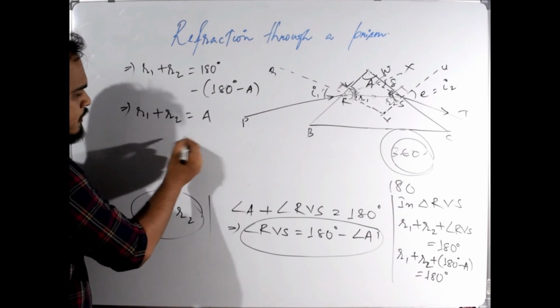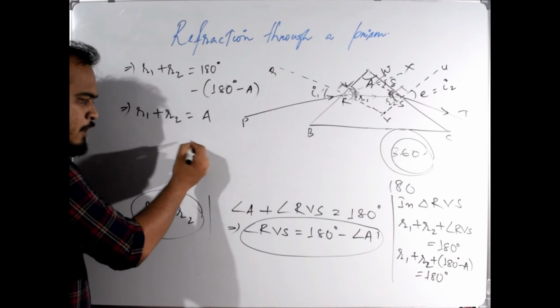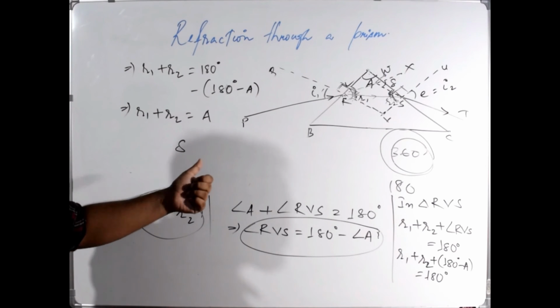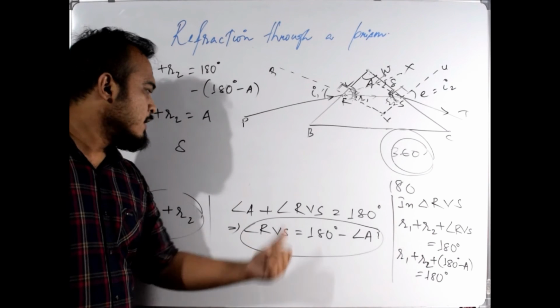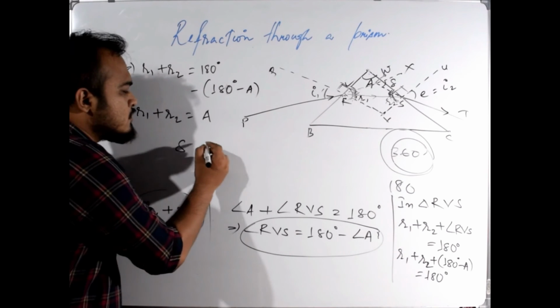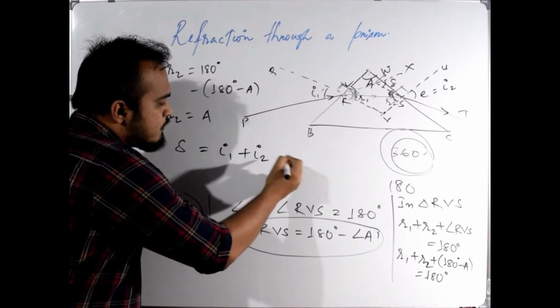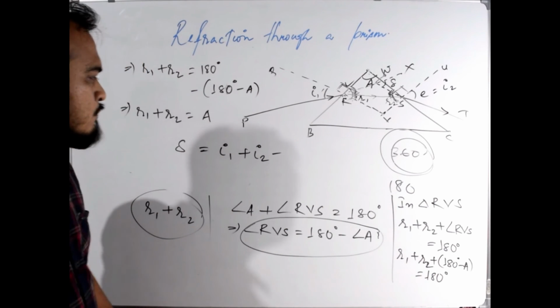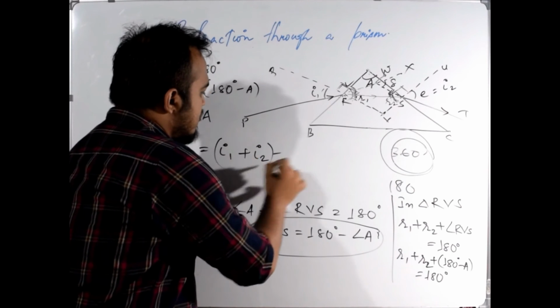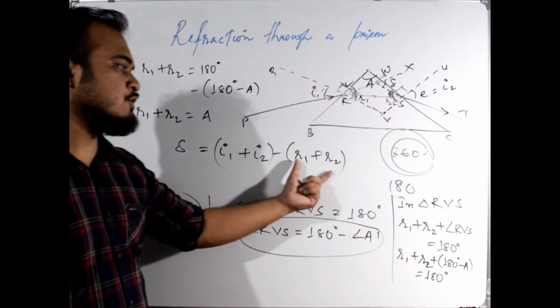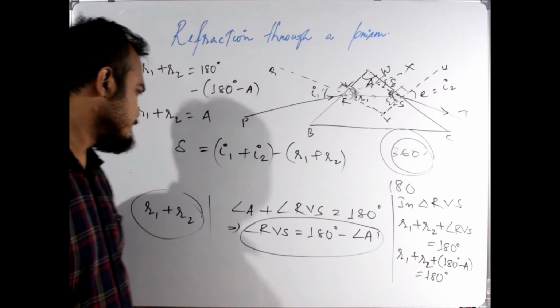In the previous part, if you move the video forward, you will see the equation delta was equal to I1 plus I2 minus (R1 plus R2). We got this equation previously.